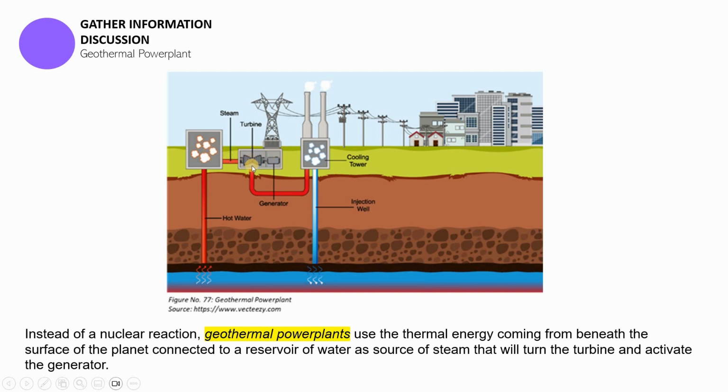And then the steam is going to be redirected towards the cooling tower, where it gets to escape as water vapor dito. Kaya nga kapag nagpunta ka ng mga geothermal power plants, you will see na napakarami niyang mga usok-usok. Actually, yung usok na yun, it's simply water vapor na tremendous ng volume.